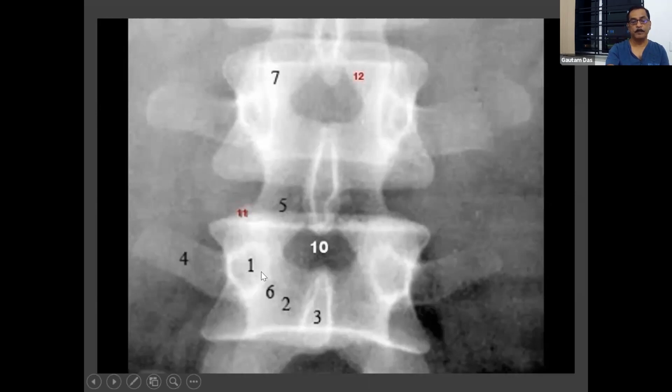One is your pedicle. Again, this is a very important concept: the pedicle is not a rounded structure itself. The pedicle is a pillar. Suppose my finger is a pedicle. If I see it in the lateral view, I see a pillar. But if I see it in the AP view, then this pillar becomes a rounded structure.